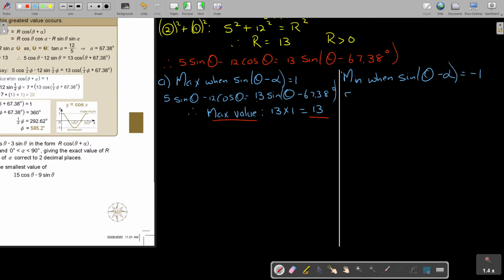So it's going to be 5 sin theta minus 12 cos theta. We don't have to write that statement out every time, because we work with this one. I'm going to do it for the first one at least, so minus, just that you see that red statement.